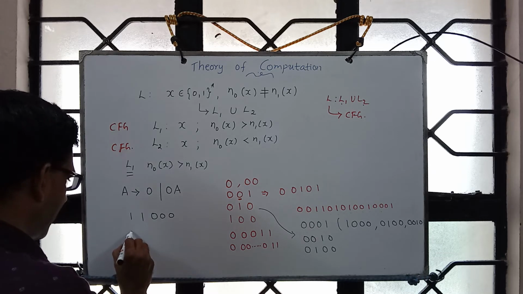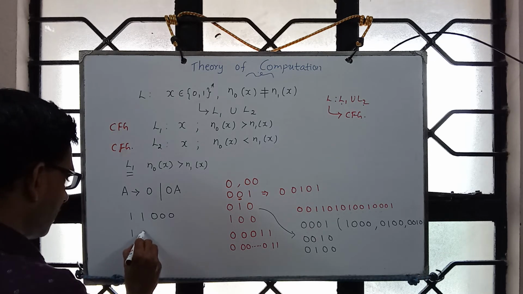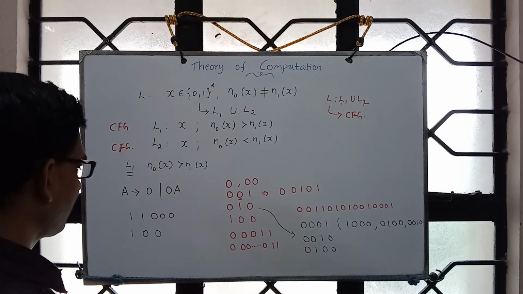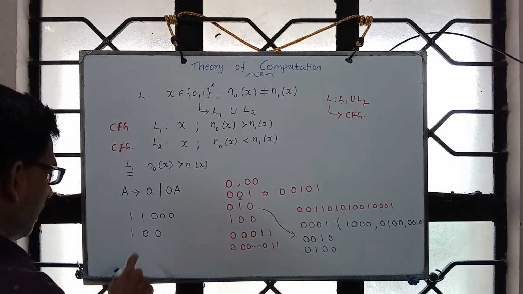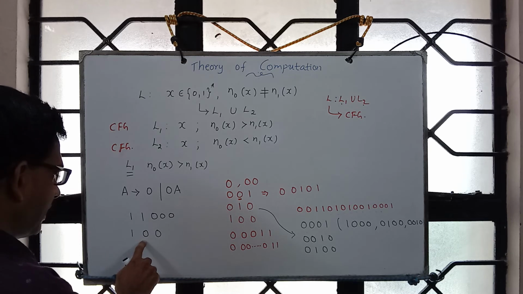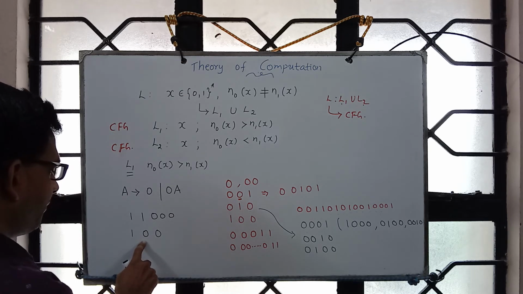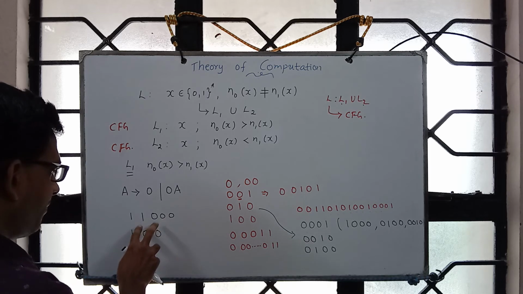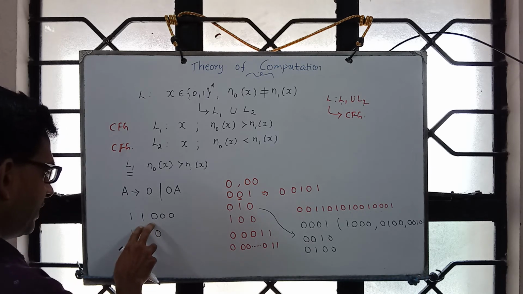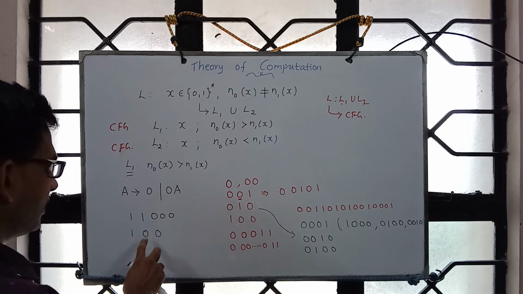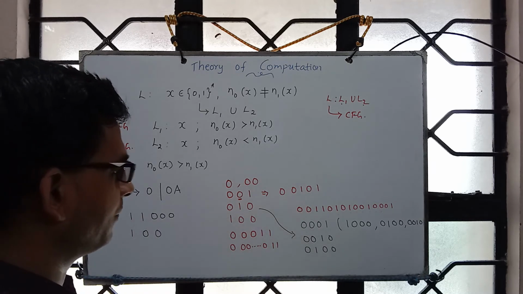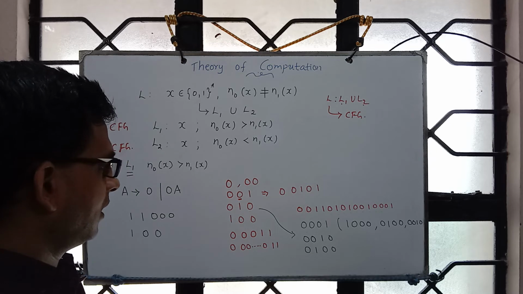So let me take 1 followed by 0 0. Now can we replace this 0 with something like 1 0 0, or maybe 1 0 first followed by that 0 will be replaced by another 0 0. Okay, so this is the general idea.